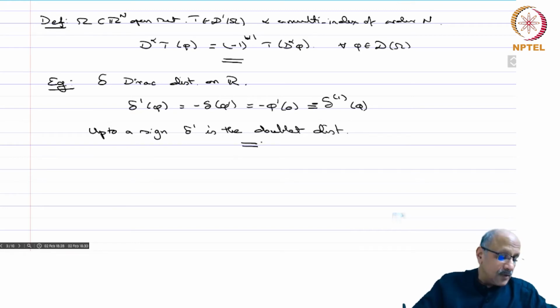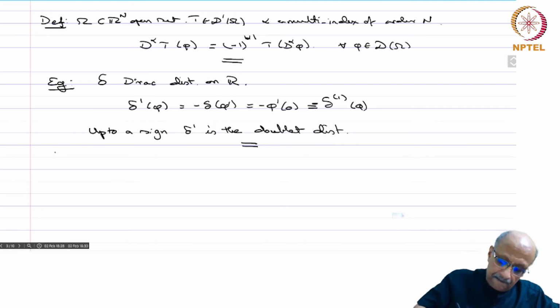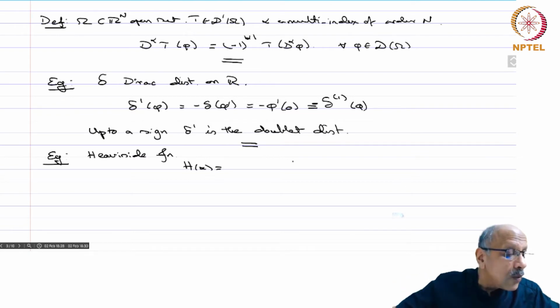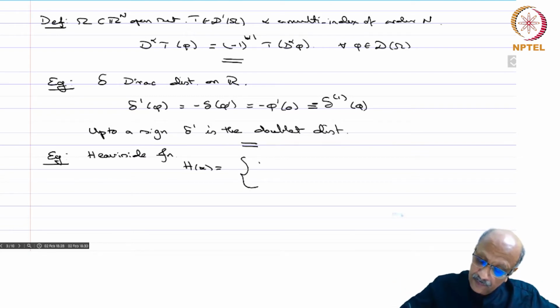Okay, so now let us look at another example, again on R. We define the Heaviside function. So H of x is equal to 1 if x is greater than or equal to 0, and 0 if x is less than 0.